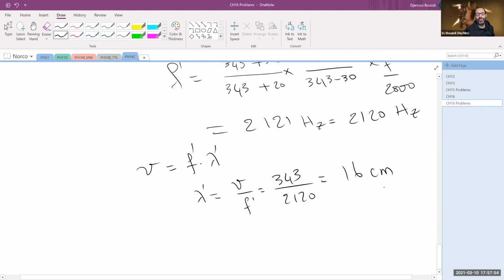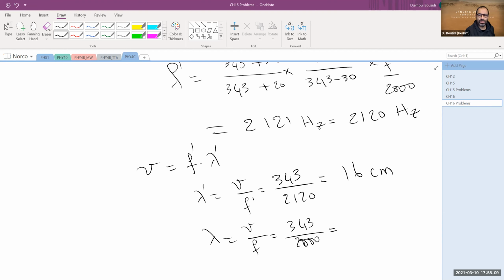Okay. The original wavelength was V over F, so that was 343 over 2000. And that was actually a longer wavelength. Let's see here. Oh, I'm sorry, it's a longer wavelength because it's a lower frequency. So it's going to be 343 divided by 2000.